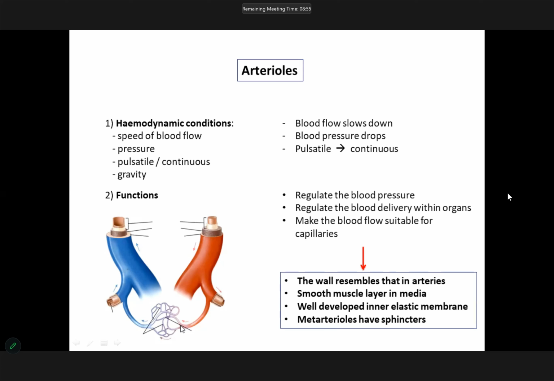If the lumen of the arteriole between the arteriole and capillary is open, the blood will flow into this capillary. If the arteriole closes its lumen, then the blood will not go into this capillary, it will go to some other. So this is how the regulation of blood delivery within organs happens.